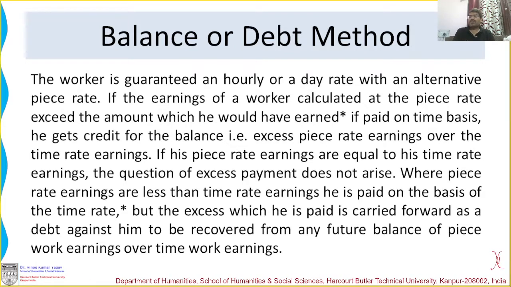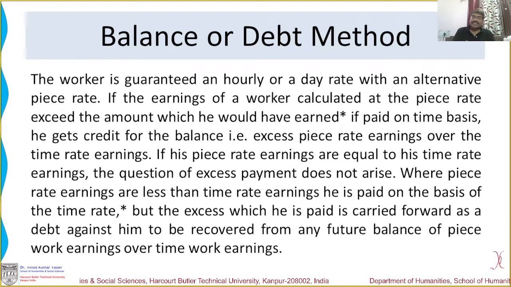Why mixing of both? The reason is there are some merits of the time scale based system, and there are some merits of the piece system, and to remove the demerits of both methods, you can have the balanced debt method. So what is this?